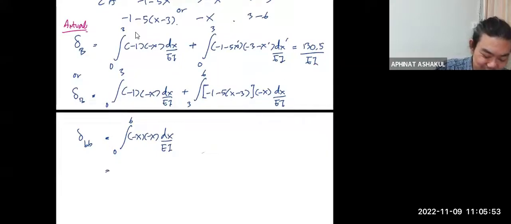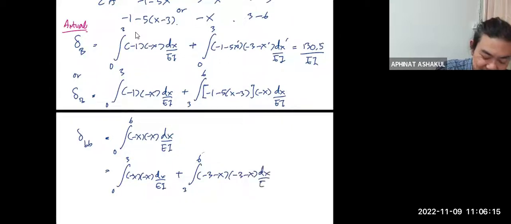You will do the integral from 0 to 3 of minus x times minus x dx over EI, plus the integral from 3 to 6 of minus 3 minus x times minus 3 minus x dx over EI. But it's going to come out the same thing.